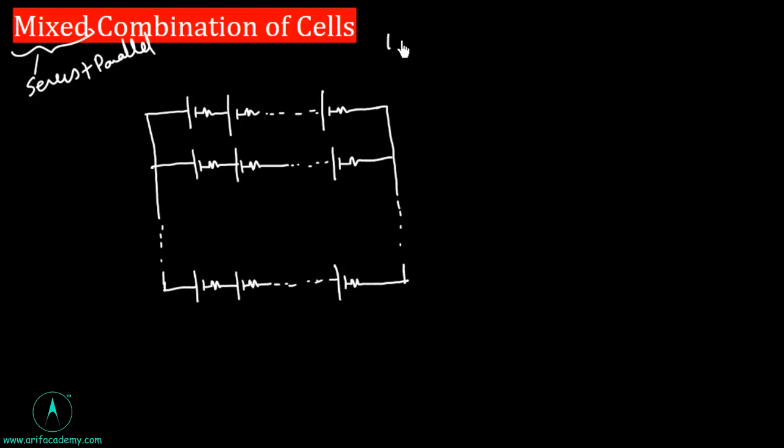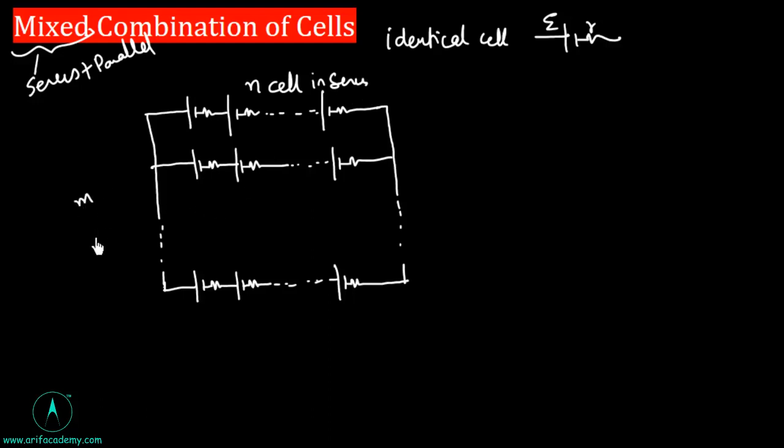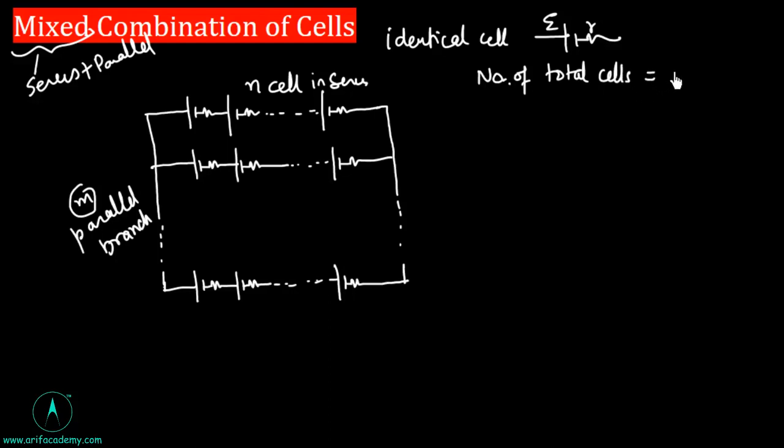So we have identical cells here, each of EMF E and resistance R. We have branches in which there are n cells in series, and there are m such parallel branches, so the total number of cells is equal to mn.